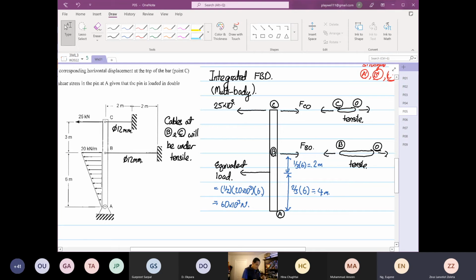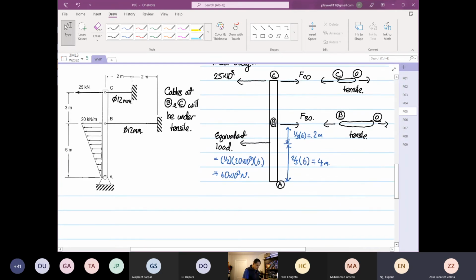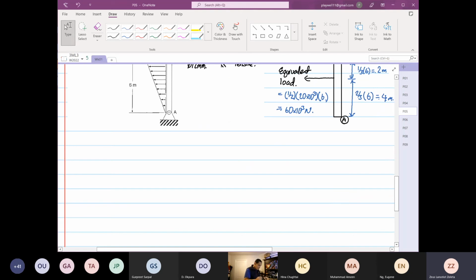So I'm going to explain about the distributed load. In general, there are two types of commonly used distributed load.